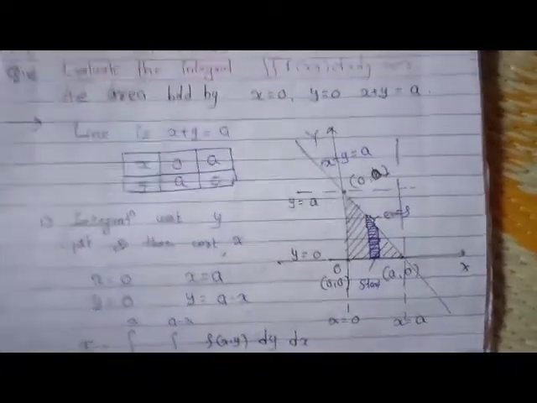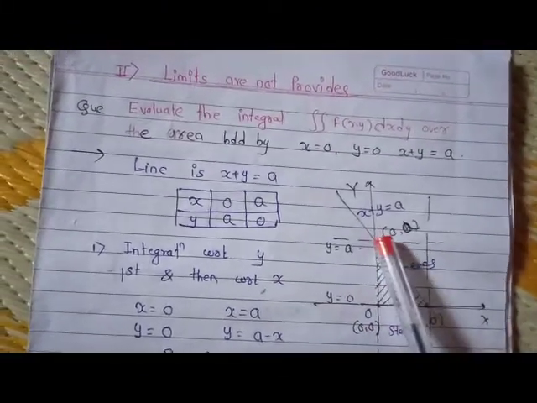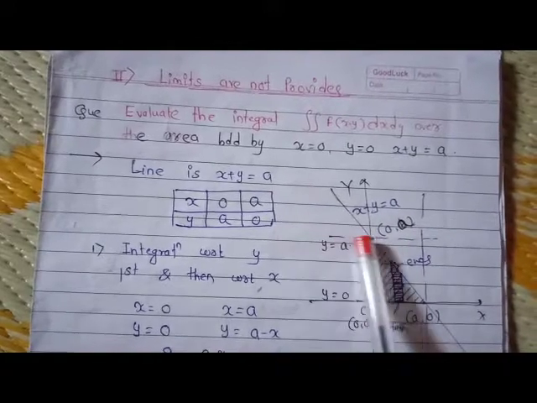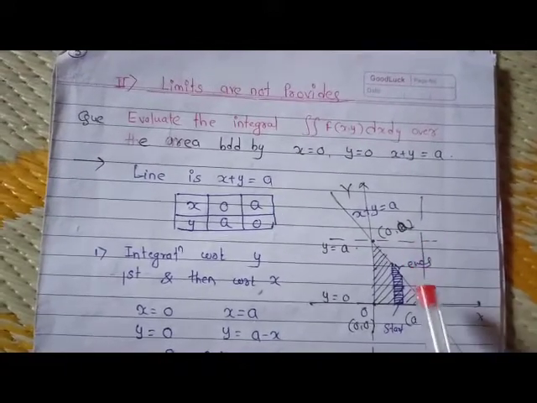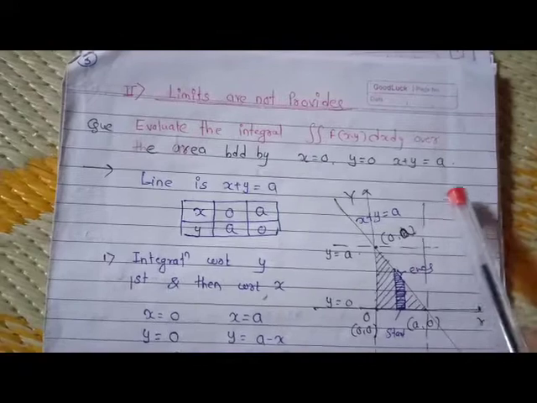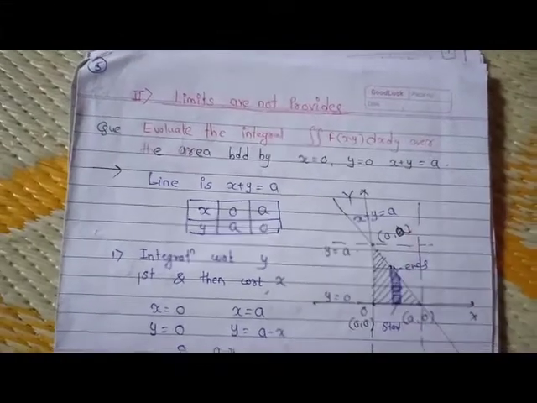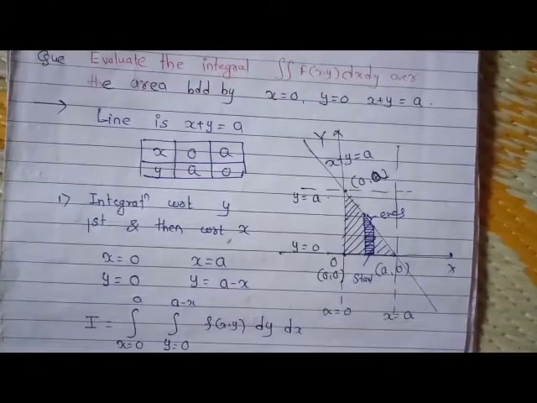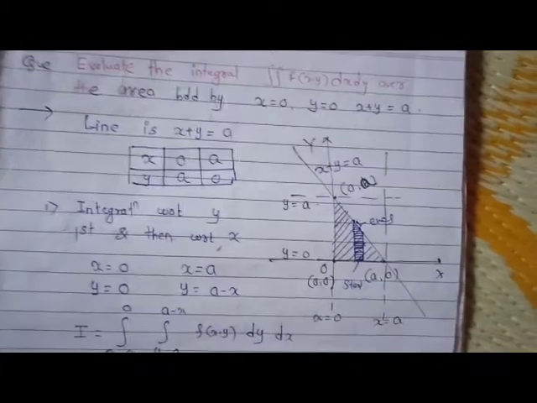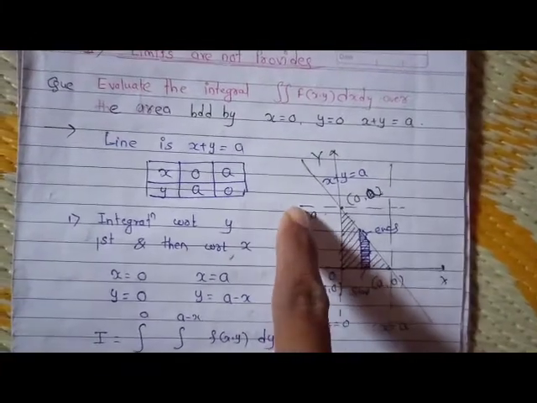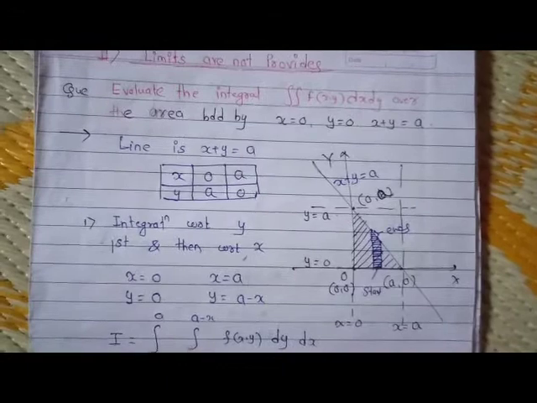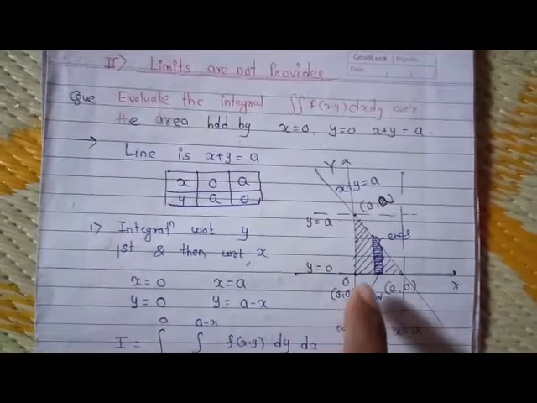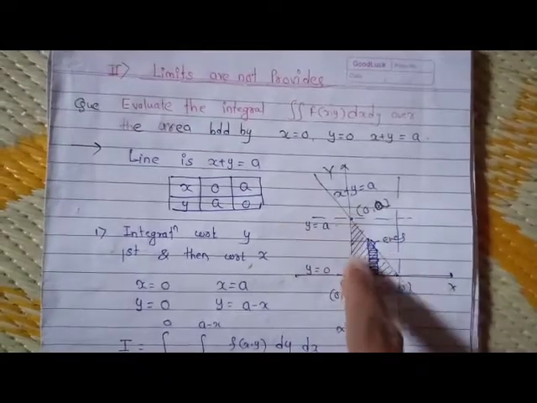Then from the extreme points, draw a line parallel to the x axis from this point, and from this extreme point draw a line parallel to the y axis. So we will get a square, x equal to 0 to x equal to a, and y equal to 0 to y equal to a. And the area of integration is not the square; the area of integration is this triangle.